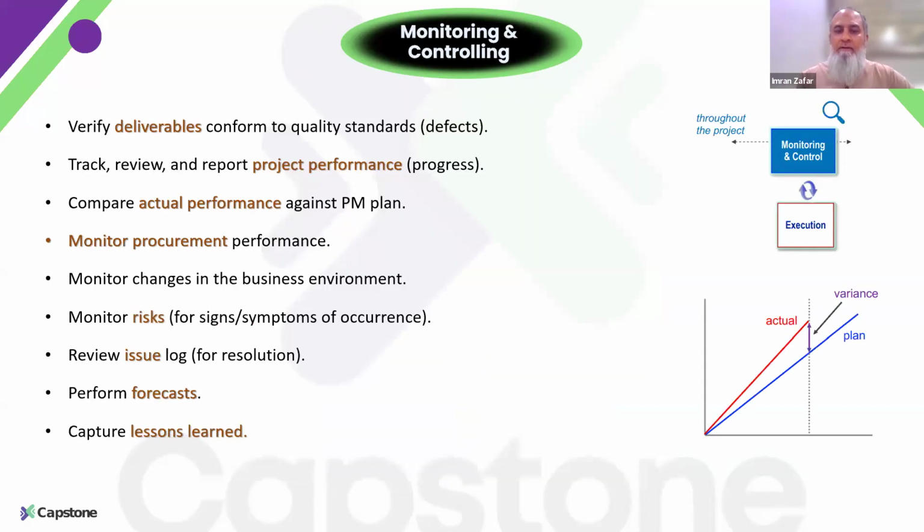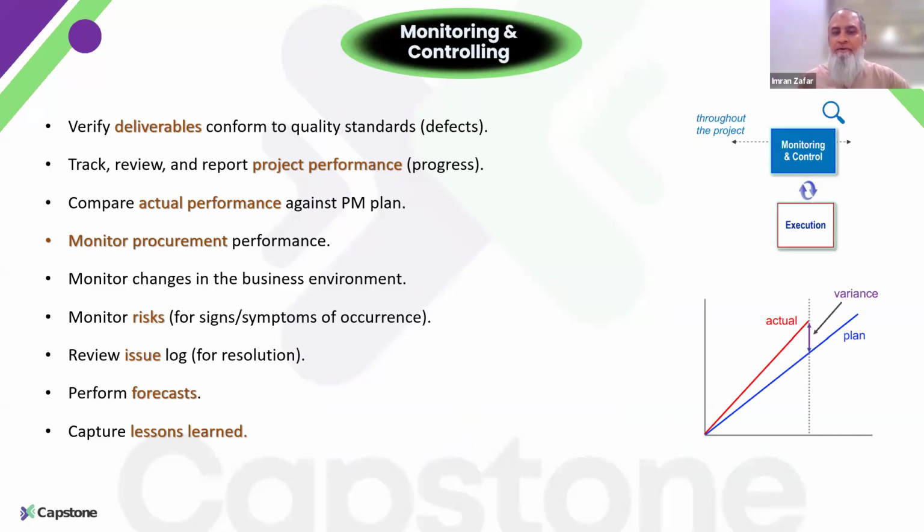And monitoring and controlling process is all about doing plan versus actual to identify if there are any variances, and to track performance, maybe to highlight some issues. This can be a deliverable related problem, there can be defects, there can be a resource related problem, there can be a schedule related problem.